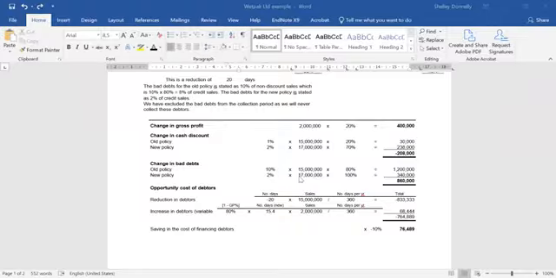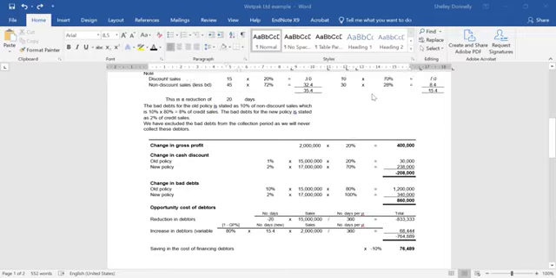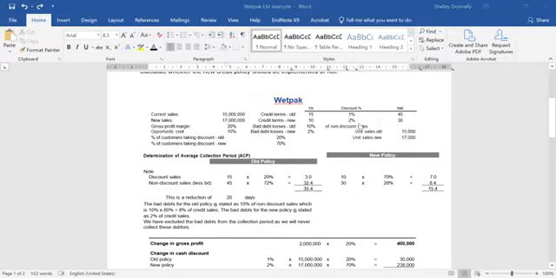Can you just repeat the change in cash discounts for the new policy again? Okay. What they told us was that they're considering changing their terms to 2/10 net 30, and 70% of their customers they're anticipating will take that discount. So 70% of their customers are going to get 2% off the sale price, and that's going to cost them.